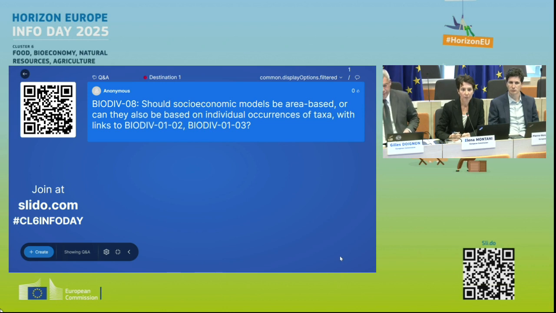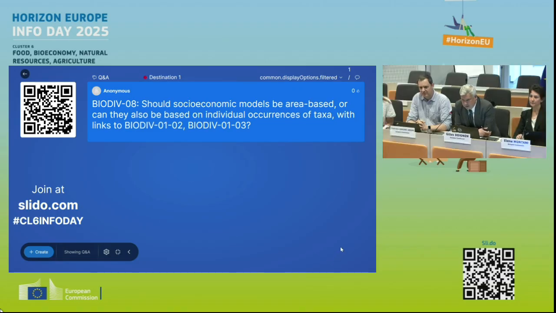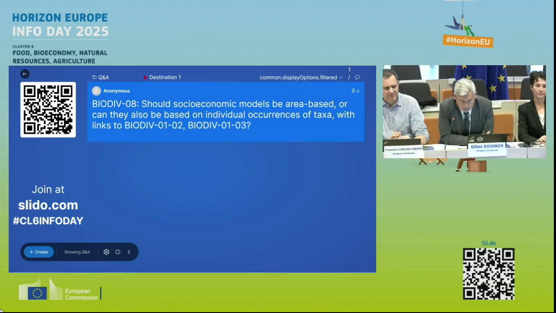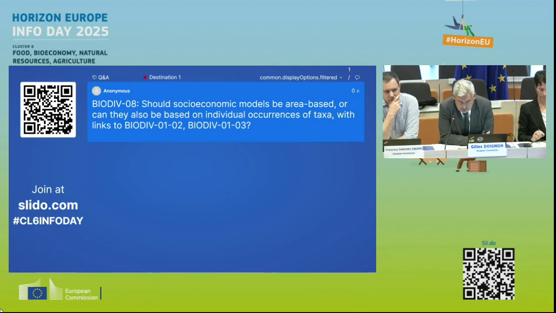Should socioeconomic models be area-based, or can they also be based on individual occurrences of taxa with links to biodiversity 0102 and 0103? Yeah, thank you. It took me some time to understand the question. We really want to insist that this topic is very broad. It focuses on socio-economic models having impacts on biodiversity and how to change them to make them what we call nature positive.